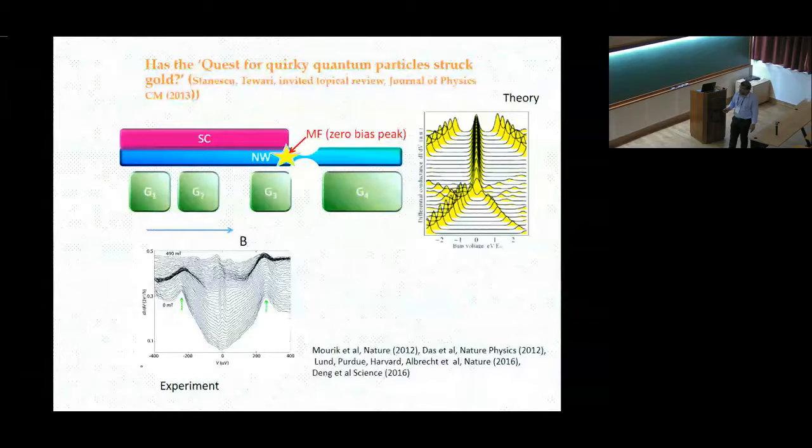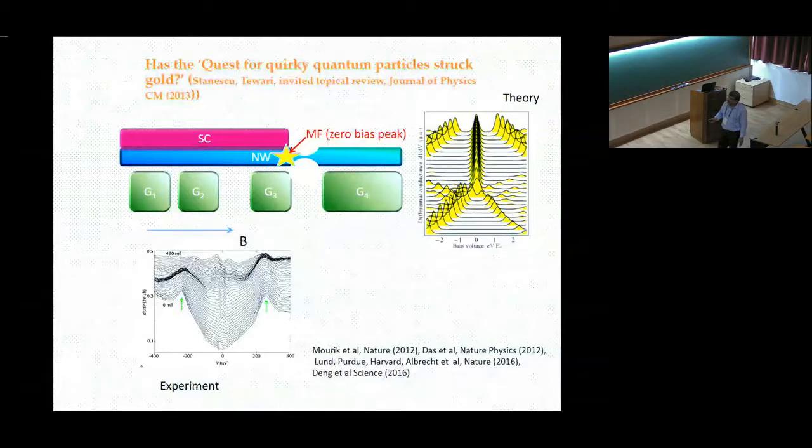This is the theoretical prediction that we made some 5 or 6 years ago. The y-axis is differential conductance, dI/dV. The x-axis is the bias voltage between the metallic lead and the nanowire. The various curves are cuts at different magnetic fields or different Zeeman fields.